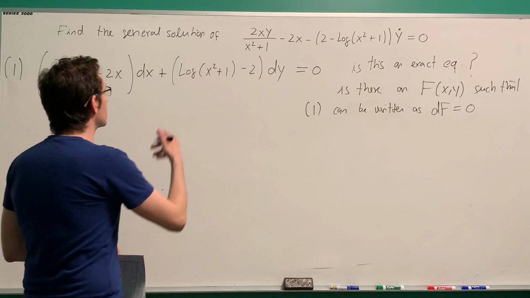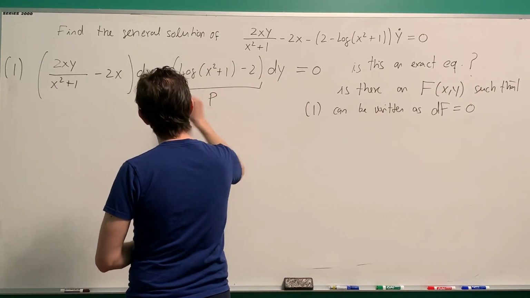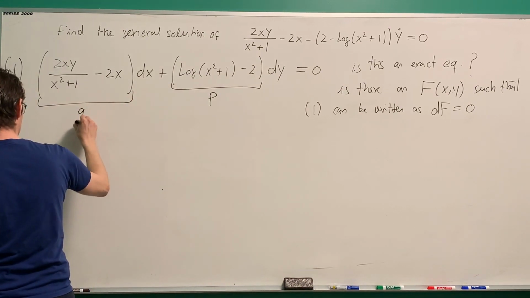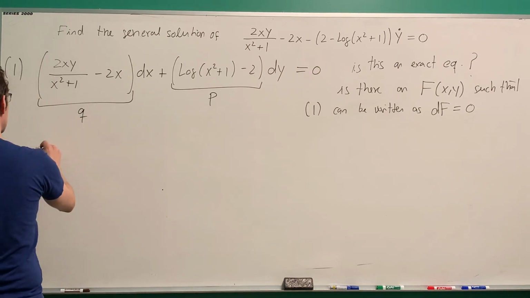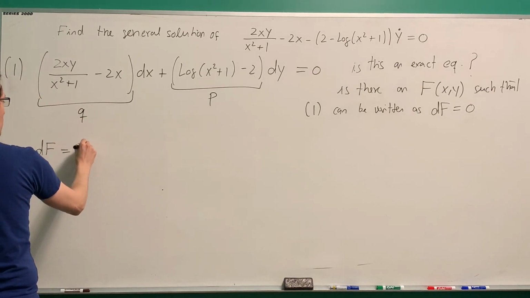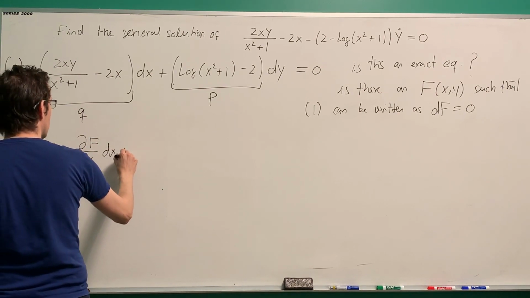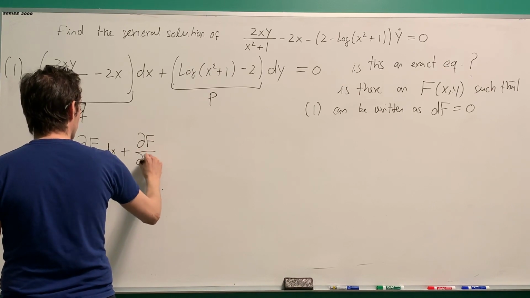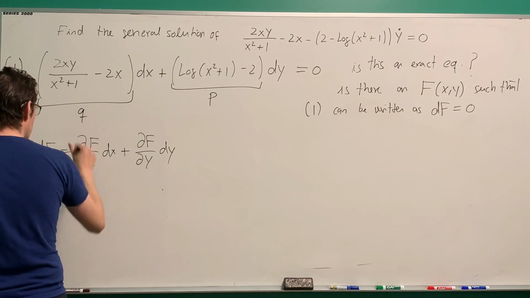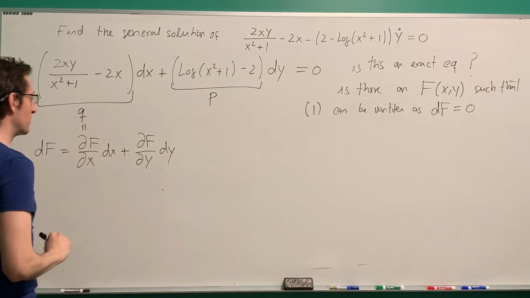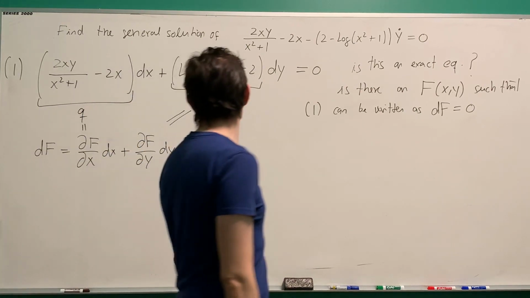So I'm going to call this P, and I'm going to call this one Q, as we have been doing. And then we know that if this is the differential of a function, then df is always partial f partial x dx plus partial f partial y dy. So if this is the differential of a function, then Q should be the partial derivative of f with respect to y, and P should be the partial derivative of f with respect to x.